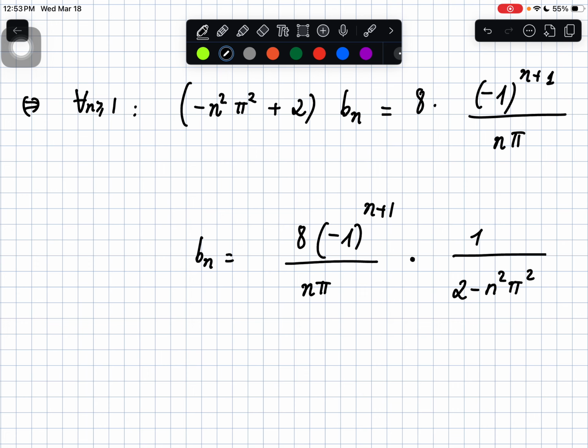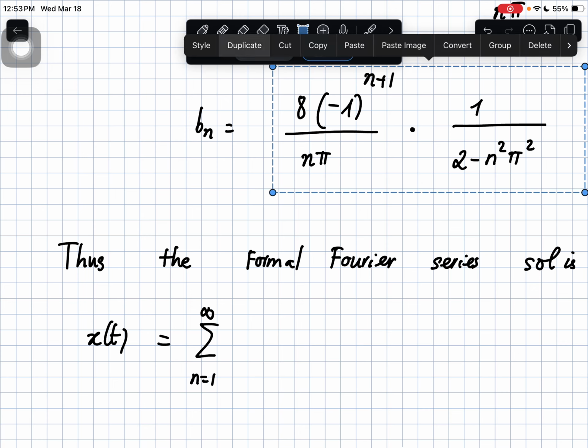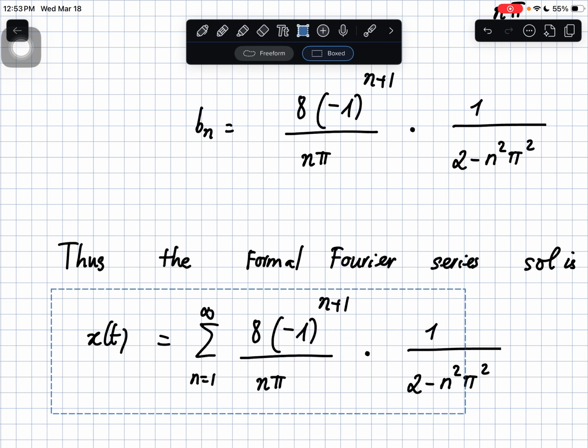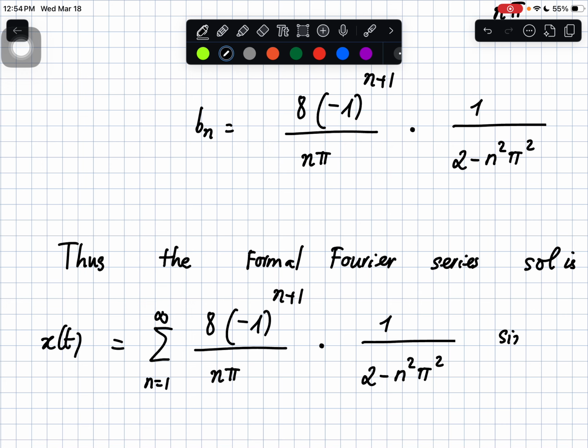So the final Fourier series solution is x(t) equal to the sum from n = 1 to infinity of this times sine n pi t.